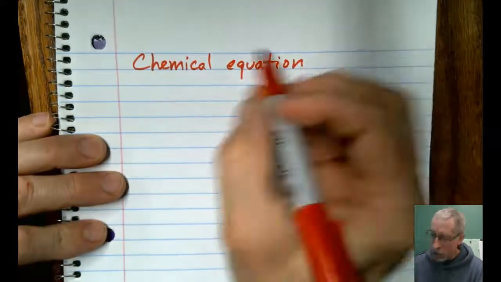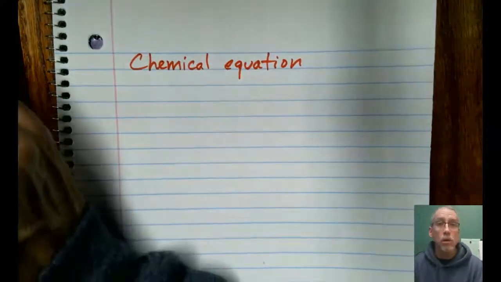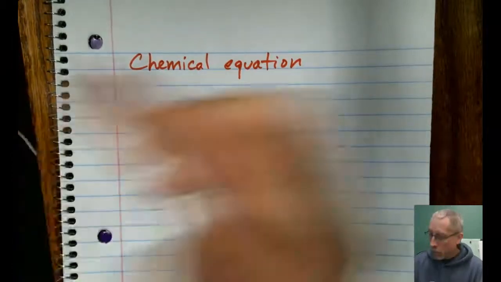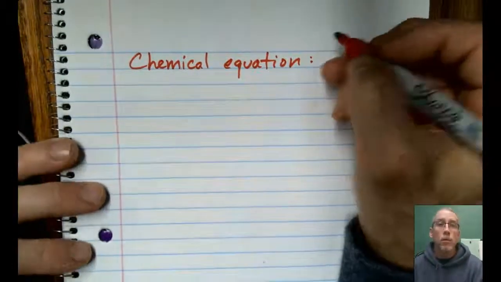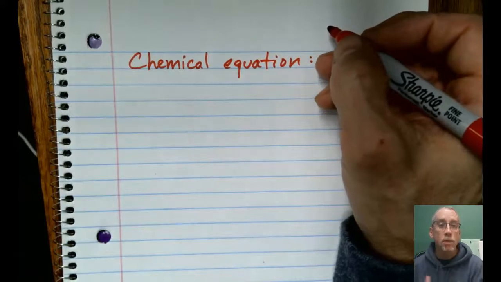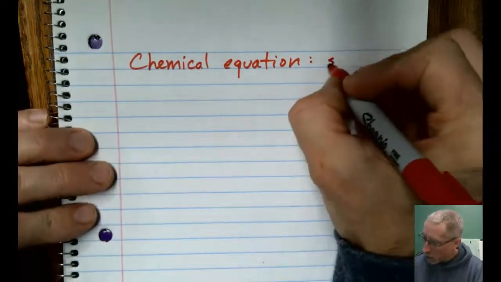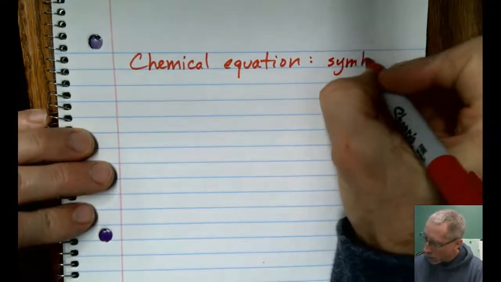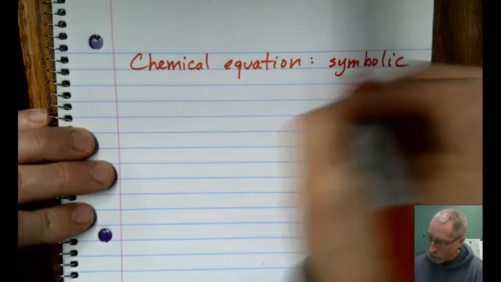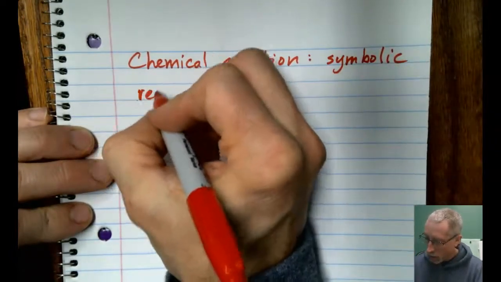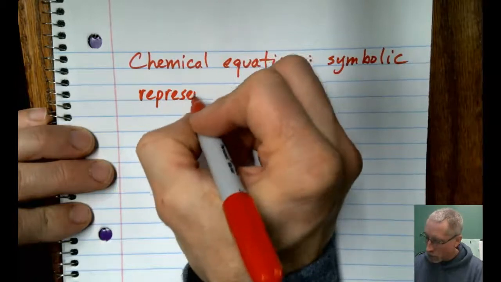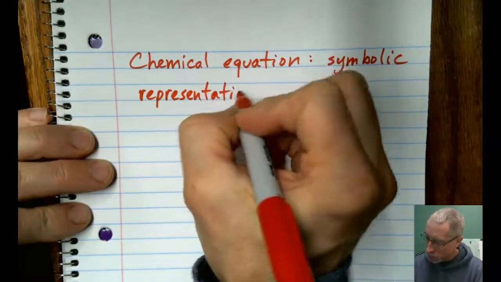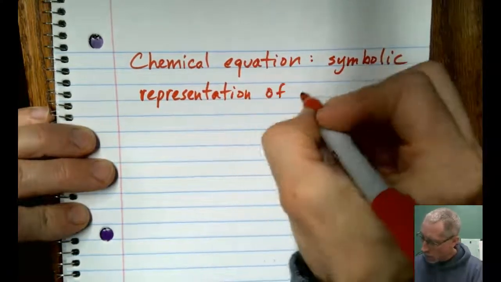And in math, it takes you a few years to get used to the symbols that you use. And that's exactly what we're going to do here with a chemical equation. We use different kinds of symbols than they use in math, but it is still just a symbolic representation of a reaction.